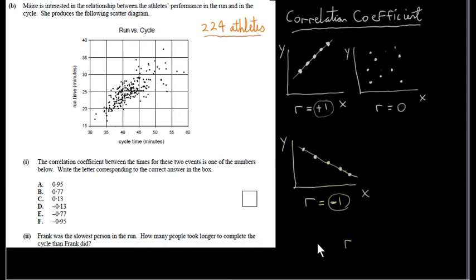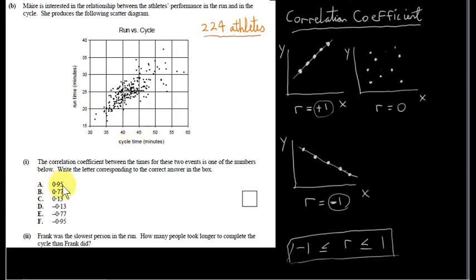So the correlation coefficient is a number that lies between -1 and +1. Looking at this diagram, the correlation coefficient is some positive number. It's not +1, because all these 224 points do not lie in a perfect straight line. But you can see there's still a pretty good linear relationship between the run time and the cycle time.